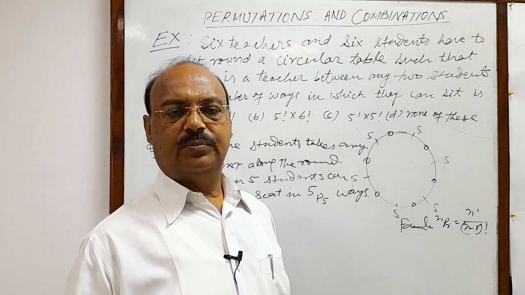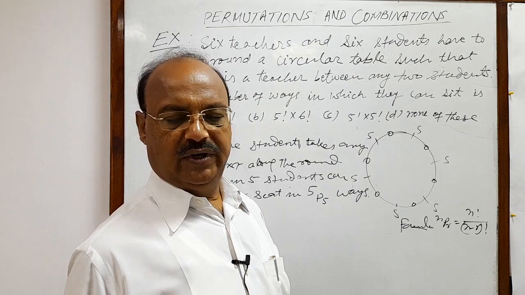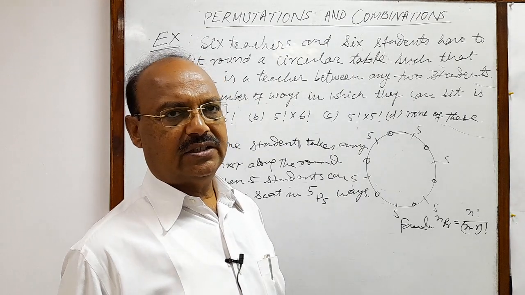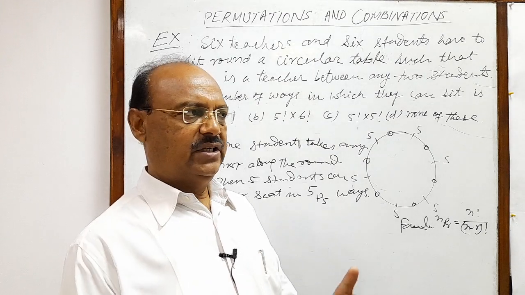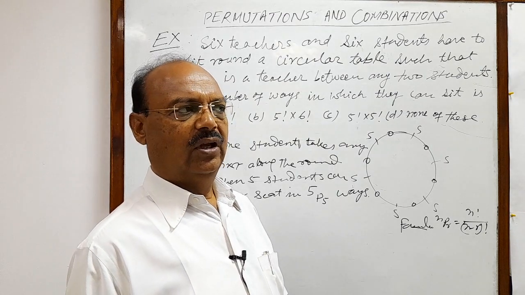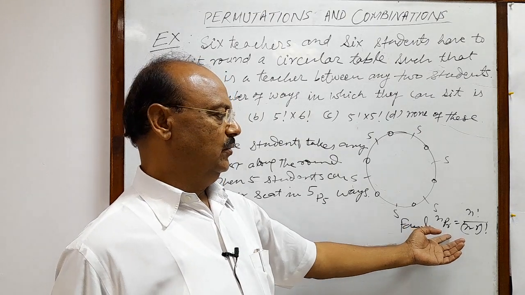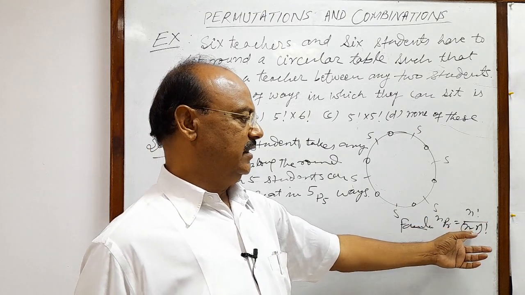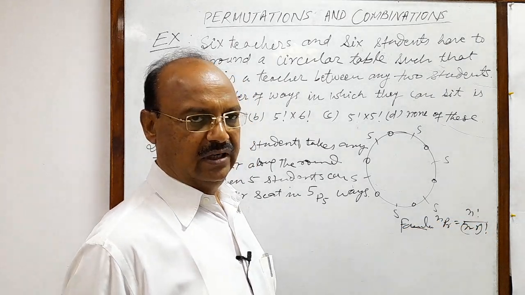In 6p6 ways. Okay, in 6p6 ways, because the number of teachers is 6, they have to take 6 seats, so all the teachers will be selected at a time. So n is equal to 6, r is equal to 6. So 6 factorial by 6 minus 6 factorial, 6 factorial by 0 factorial, isn't it?